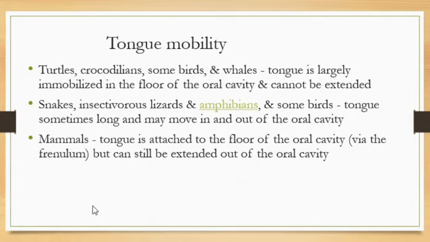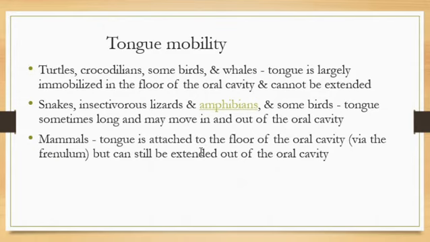Snakes mobilize their tongue for smelling. Insectivore lizards like chameleons, house lizards use this kind of tongue, like in anurans. They have to propel their tongue out just to capture the prey. The mammal's tongue is attached to the floor of the oral cavity and can be extended out of the oral cavity.